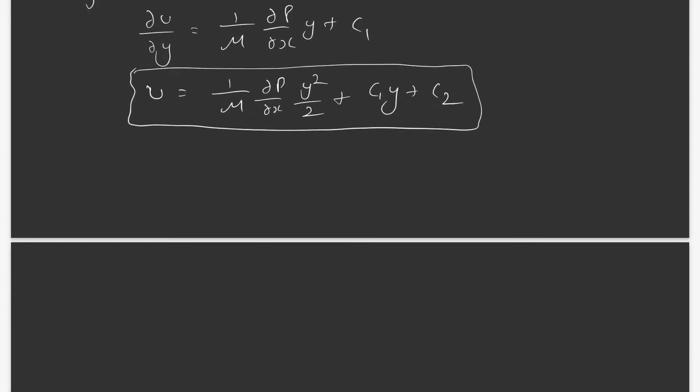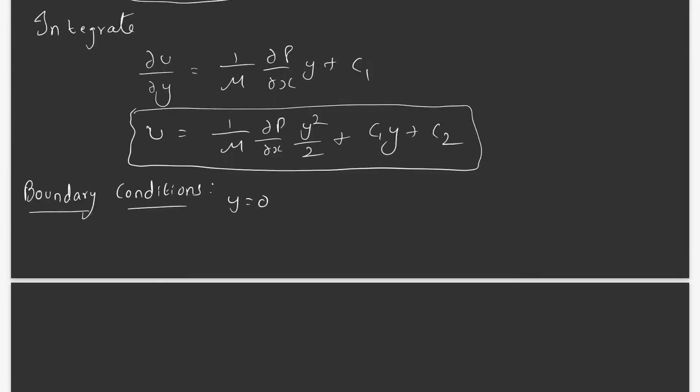What are the boundary conditions? See, we know at walls velocity is 0. That is at y is equal to 0. y is the distance from the bottom wall.